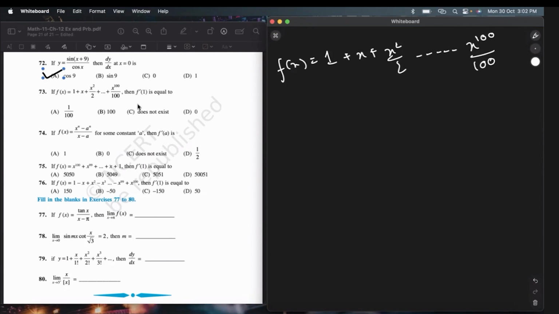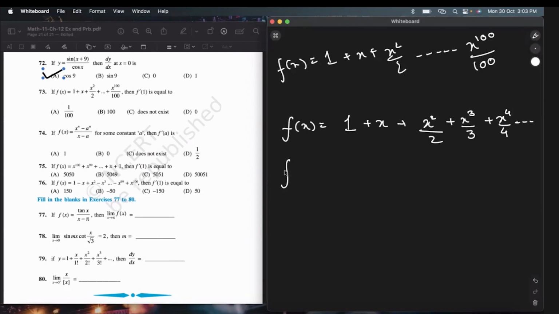So tell me one thing, I'll write it as clean as I can, so you can get the point yourself. Yes, x squared by 2 plus x cubed by 3 plus x to the power 4 by 4, and so on.